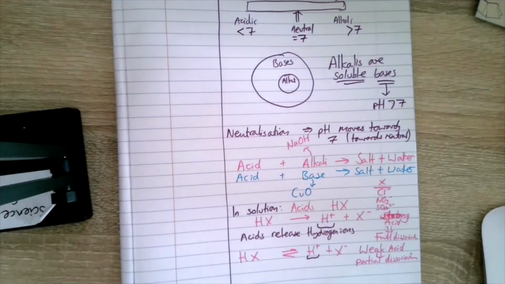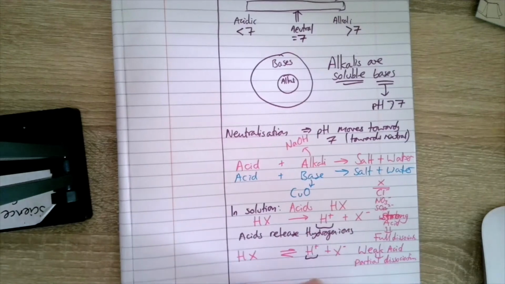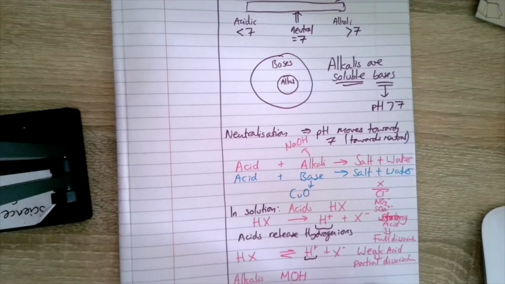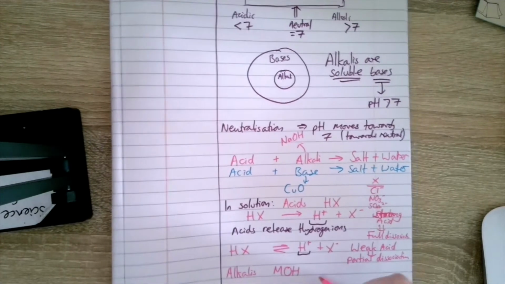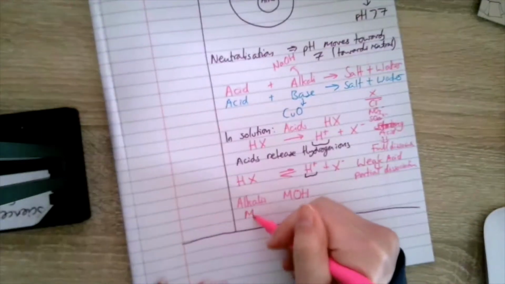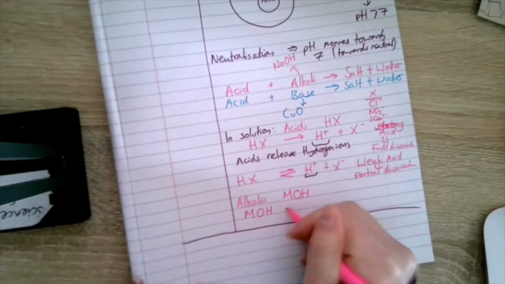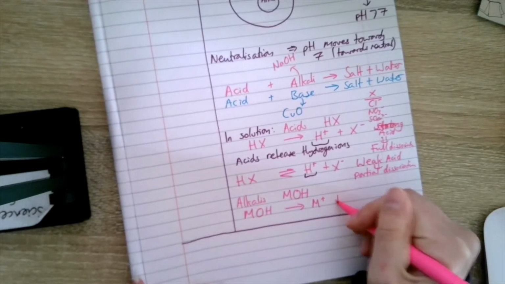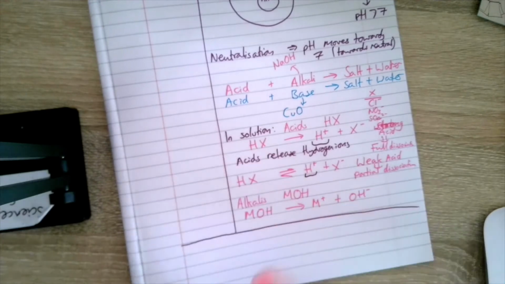When they go into solution, whereas our alkalis we can think of as being MOH, where M is a metal such as sodium, and in solution that MOH will dissociate into the metal ion and the hydroxide ion.